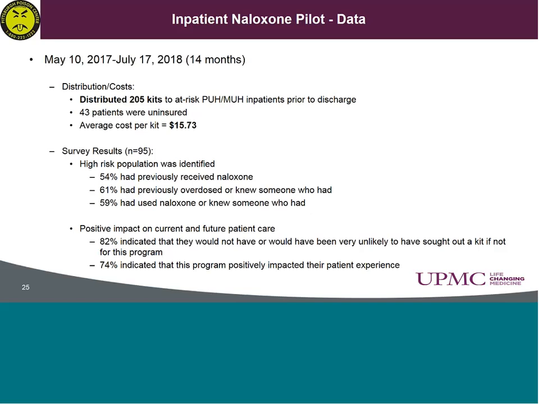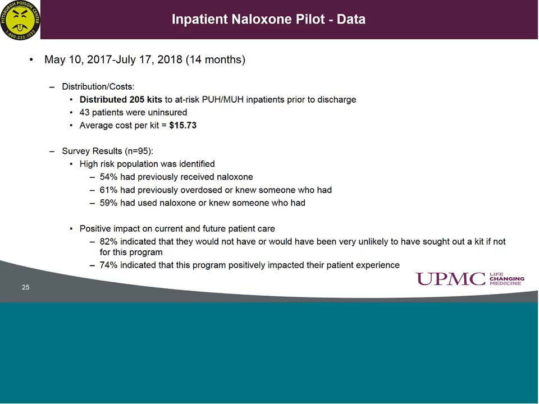The 61% previously overdosing meant that at some point prior to that hospitalization, which often was not for an overdose but for some complication of use like infection, hepatitis, endocarditis, et cetera.